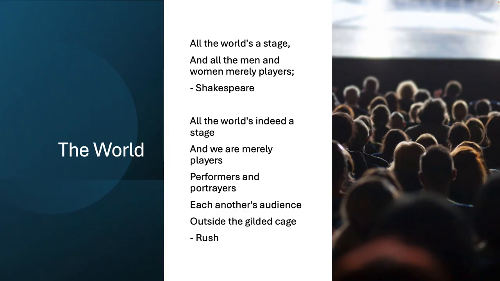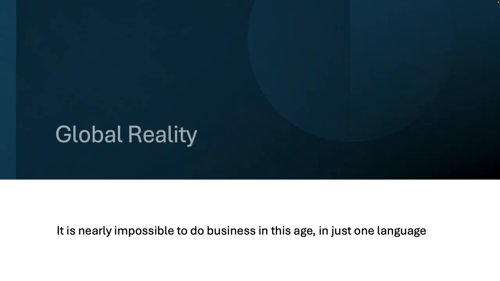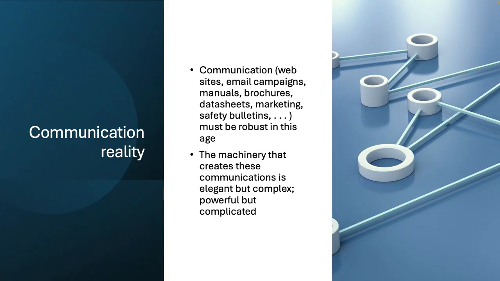So the global reality is that it is nearly impossible to do business in this age in just one language. The communication reality is that communication, whether it be websites, email campaigns, manuals, brochures, data sheets, marketing, safety bulletins, or whatever, must be robust.